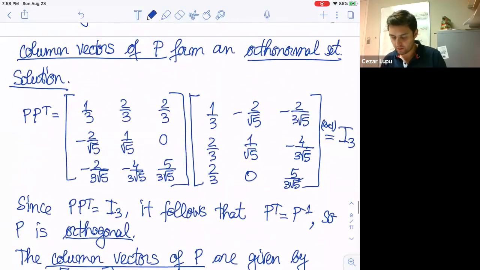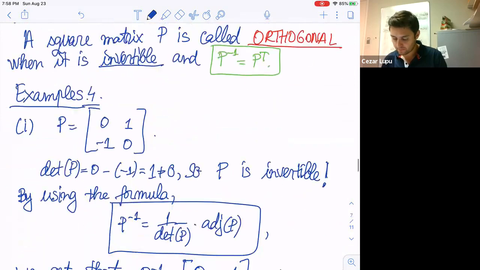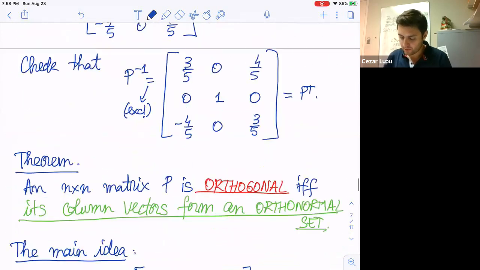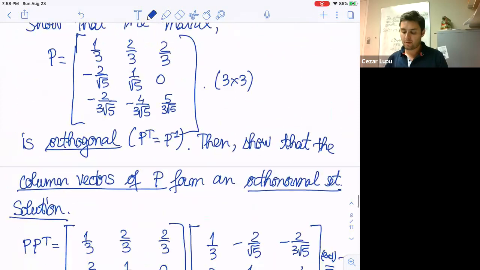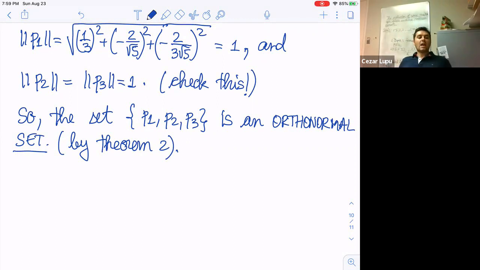In fact, let's denote it by Theorem 2. By the previous theorem, an n by n matrix P is orthogonal if and only if its column vectors form an orthonormal set. So this is just an application of that theorem, right?